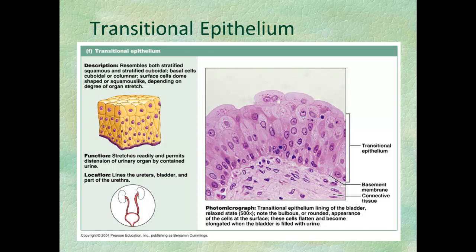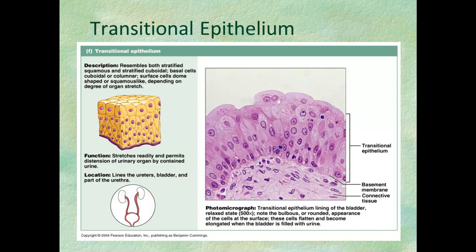So the appearance of this tissue is going to change based on whether the bladder is relaxed, like you're seeing in this picture, or whether it is stretched. When the bladder is stretched, the tissue is going to appear much thinner, and the cells are going to appear much more flat.